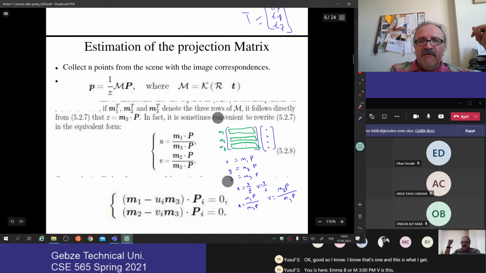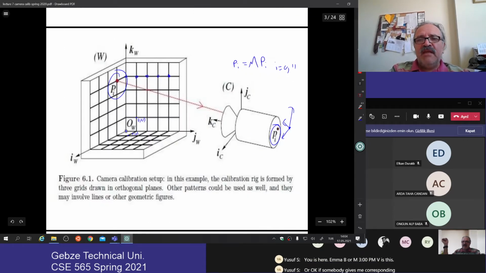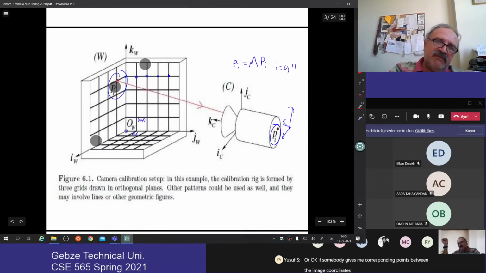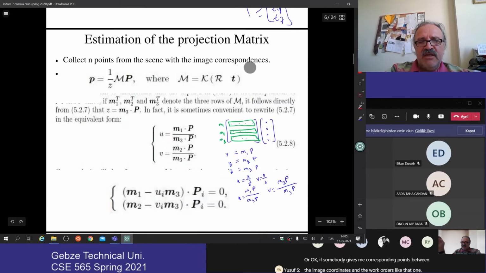If somebody gives me corresponding points between the image coordinates and the real world coordinates, I can write these equations.